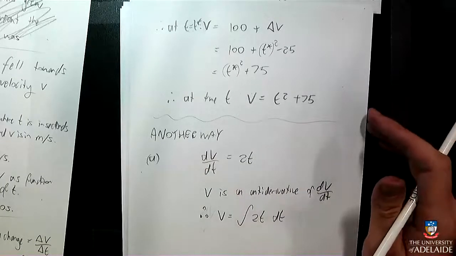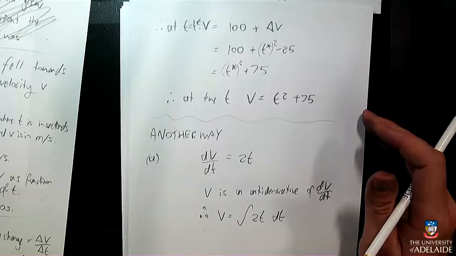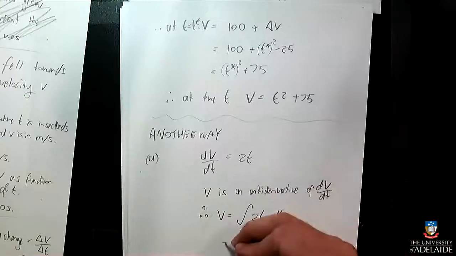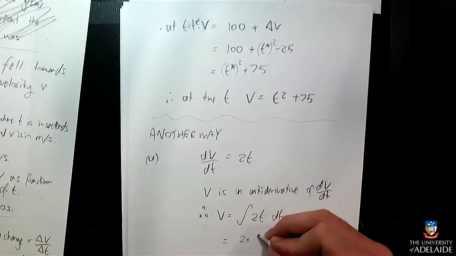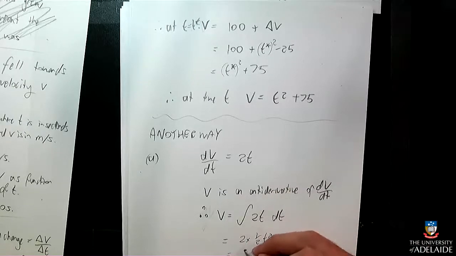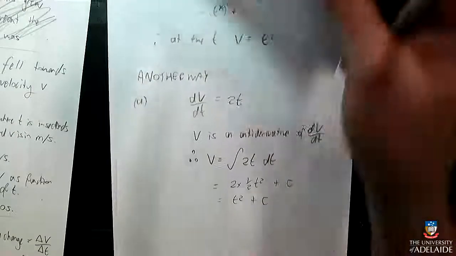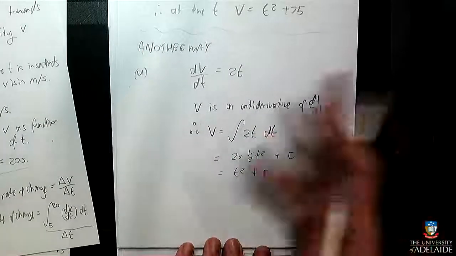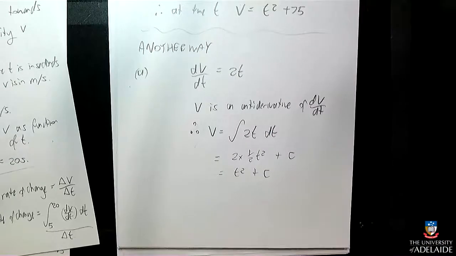Now, it's not technically equal, it's just one of those, but we're being a bit sloppy. This represents all of them, but there's only one that it actually is. And so I'll have 2 times a half of t squared plus c, which is t squared plus c, and that's great. But I don't know which one it is. I don't know what the value of c is. There's going to be a value of c that makes this the correct answer.